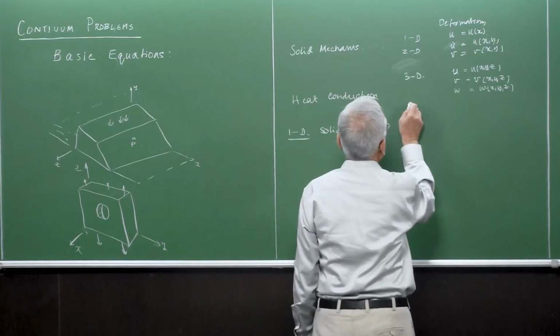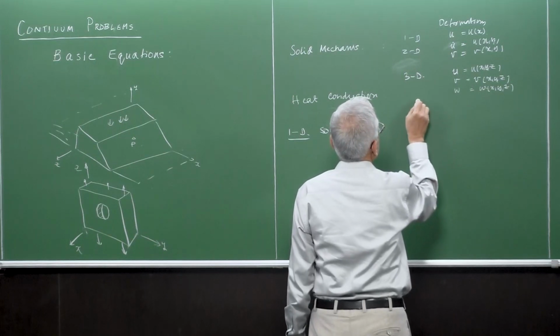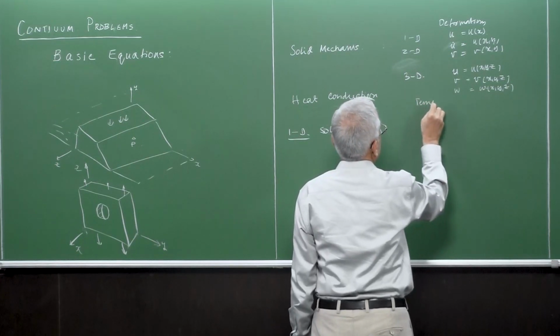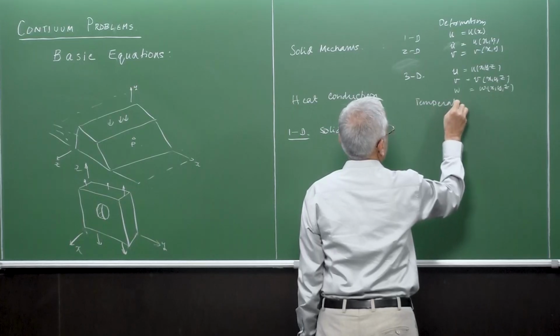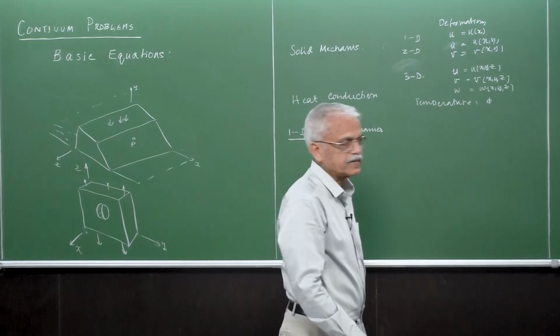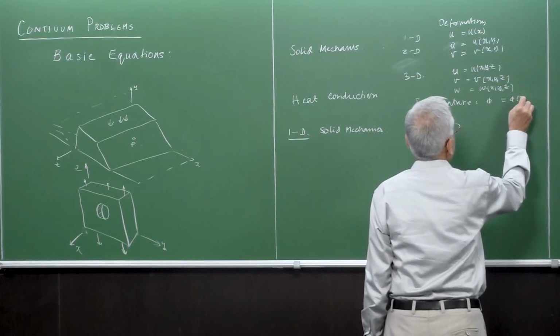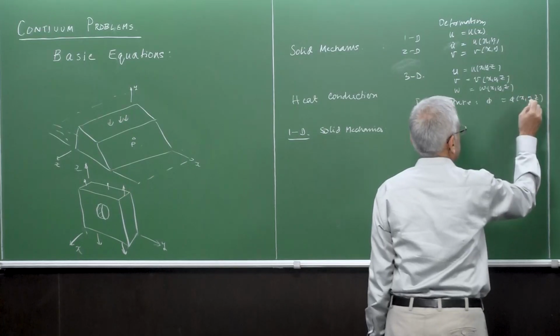And in heat conduction, again it can be 1D, 2D, or 3D. Here we have only the temperature, which we typically represent by the letter phi. Phi may be a function of x, y, and z.